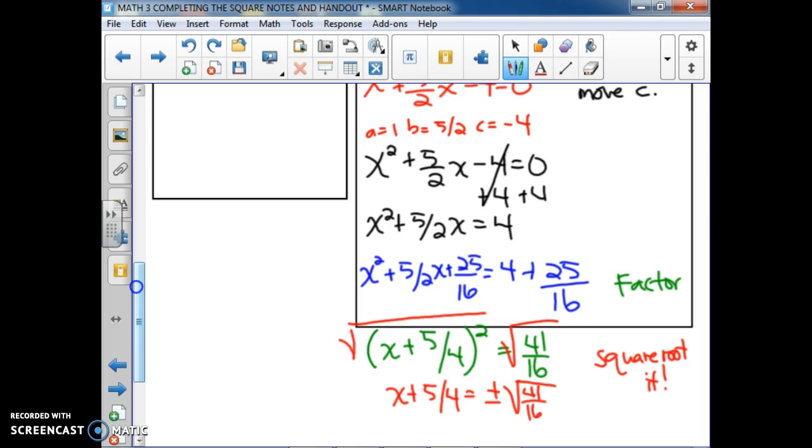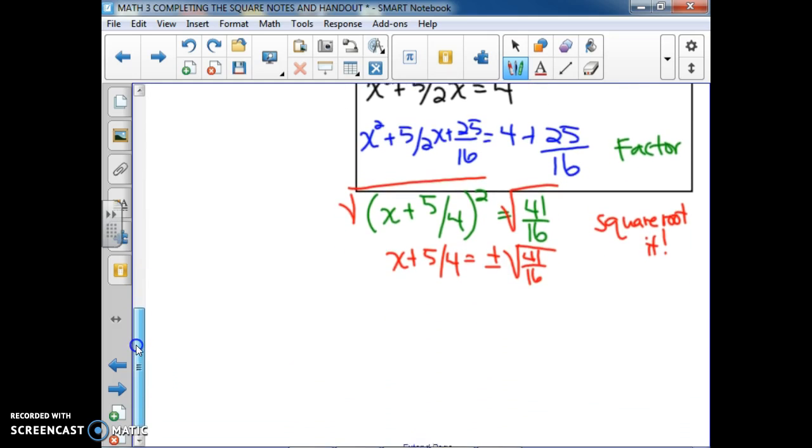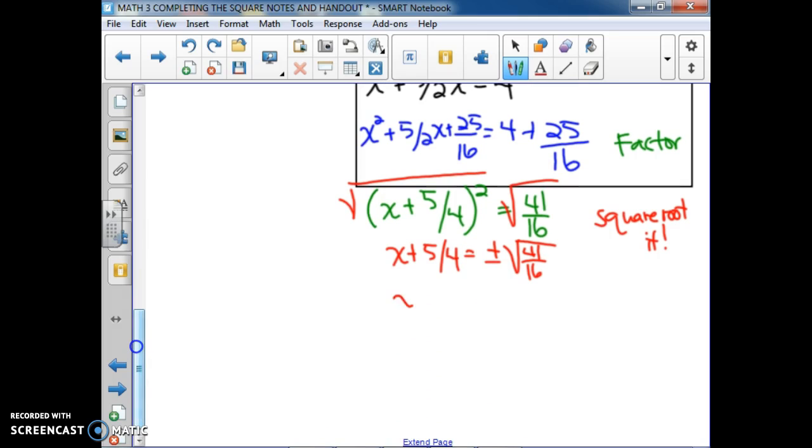Because 41 and 16 are dividing, I can take the square root of them separately. 41 doesn't have any perfect square factors, so that just stays the square root of 41, but 16 is a perfect square, so the square root of 16 is 4.